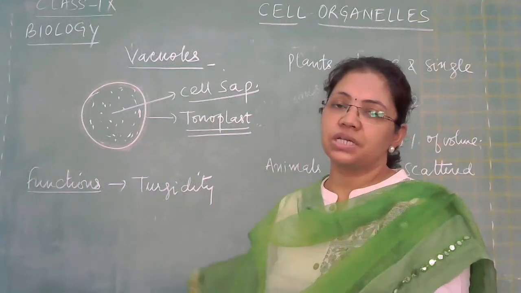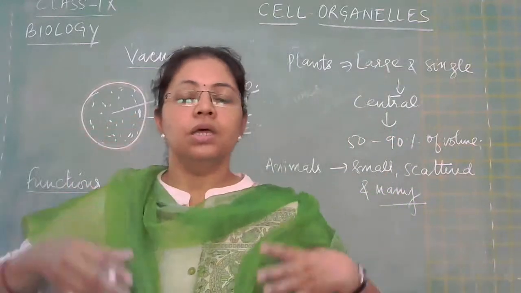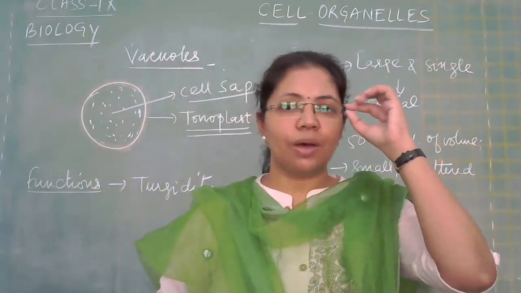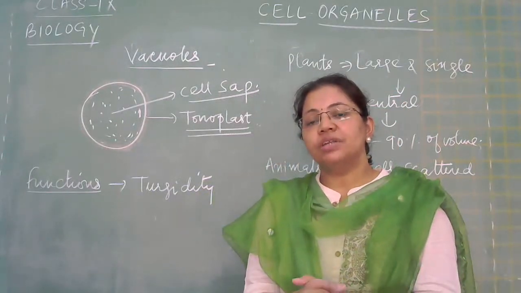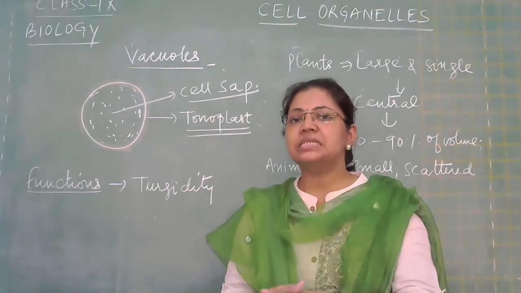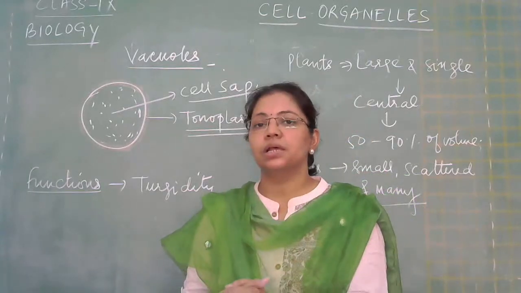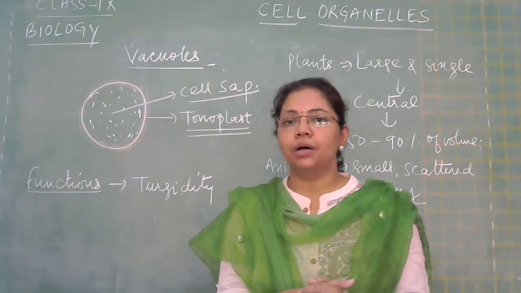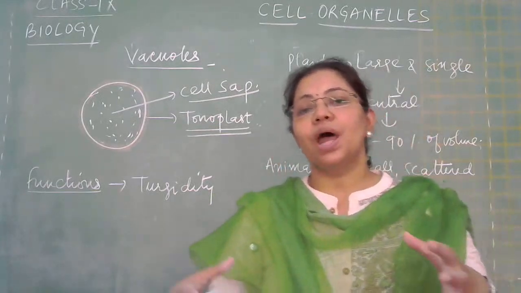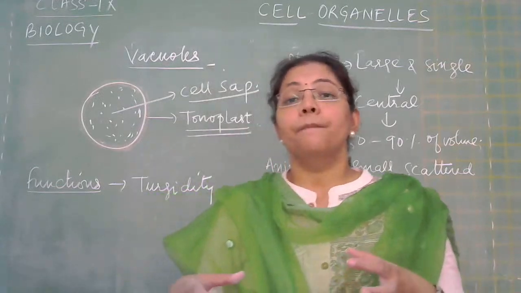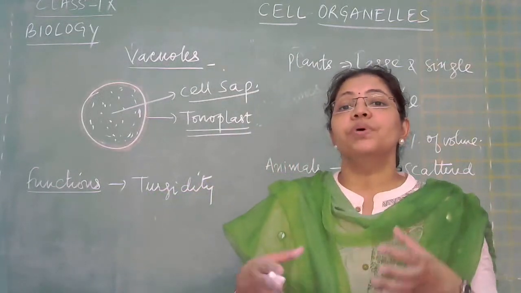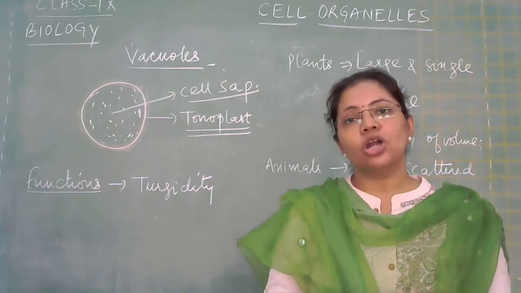You might have discussed osmosis in the previous part of this chapter, where you learned that when we place a plant cell in hypotonic medium, the plant cell becomes turgid, it swells up. But it does not burst. Why not?